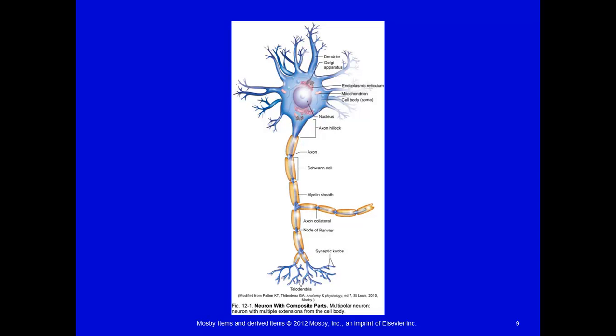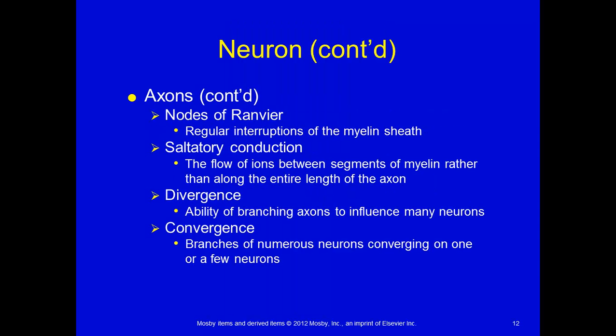All right. There are also two more vocabulary words that I would like to discuss when talking about the axon, and that is divergence versus convergence. Divergence is the ability of a branching axon to influence many different neurons. I have a simplistic but clear diagram up here of one neuron who, because of its branches, maybe at those nodes of Ranvier, branches out.